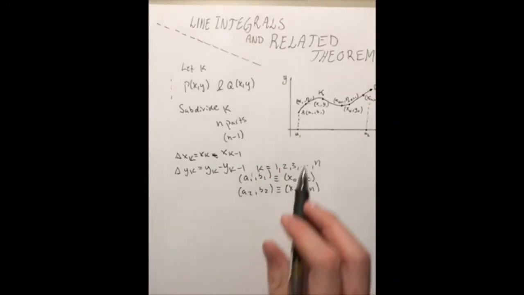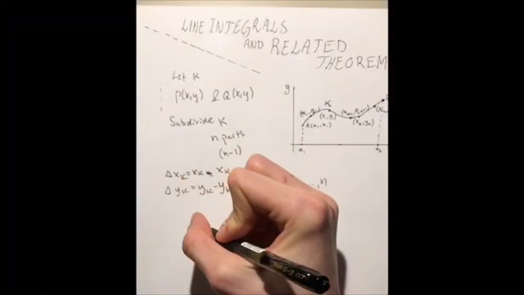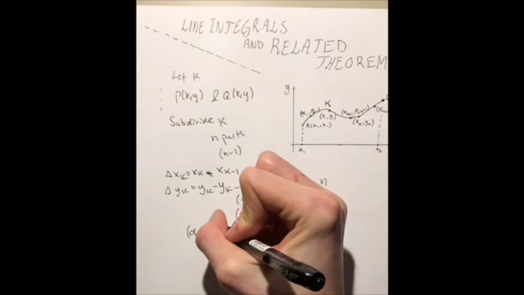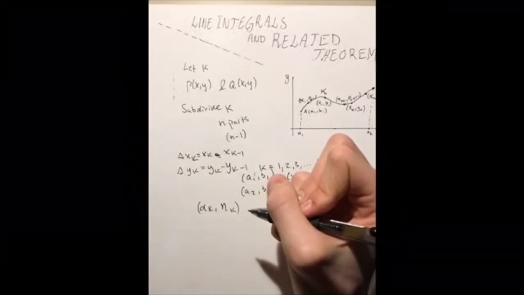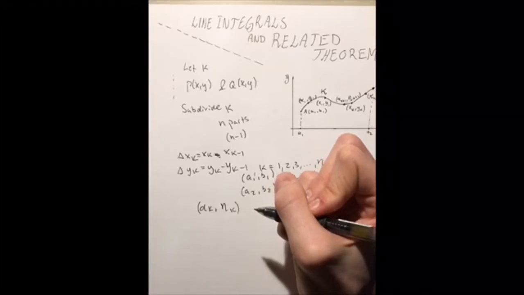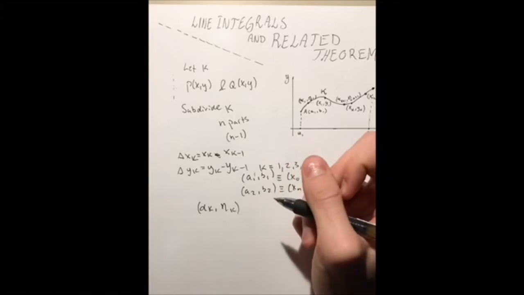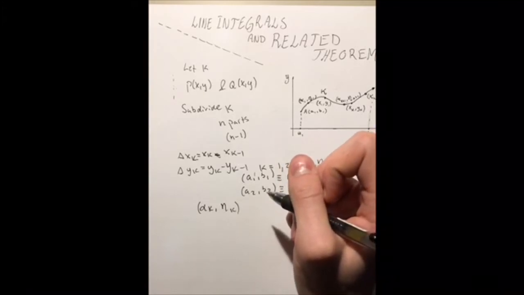Then, by this diagram, suppose that the points alpha k, eta k are chosen so that they are situated on K between points xk minus 1 and yk minus 1 and xk and yk.